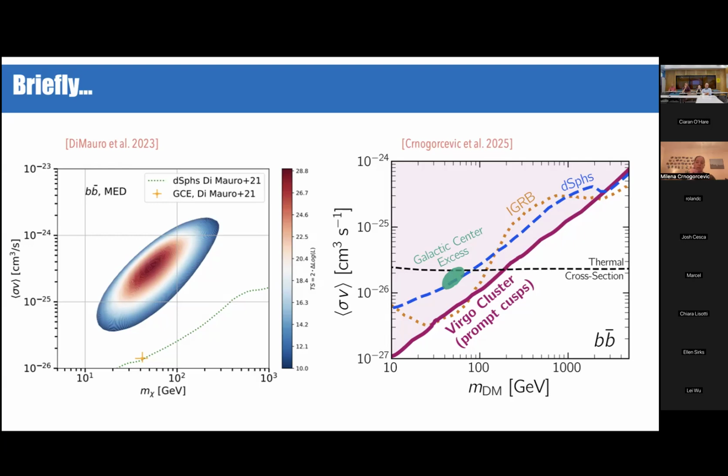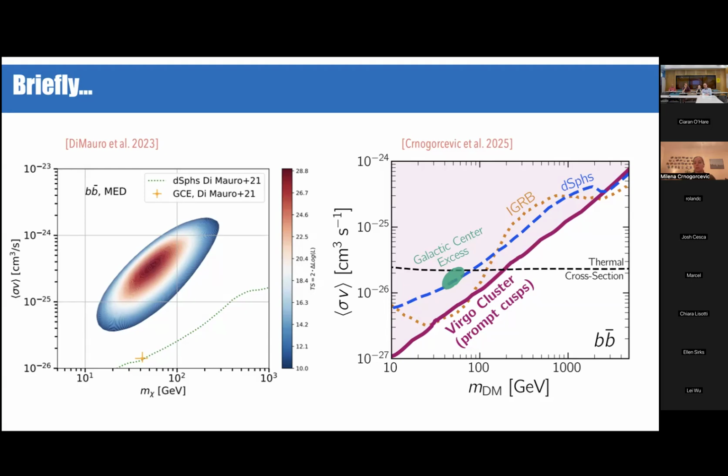And here, what we are assuming is that the survival of so-called prompt cusps, which are high density dark matter mini halos formed very early on in the universe and survived through the galactic times, could contribute very dominantly to the gamma ray annihilation signal, even though they don't contribute much to the overall mass of the dark matter in the galaxy clusters.